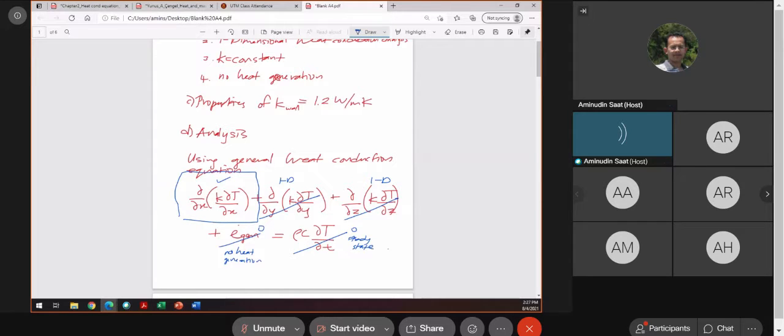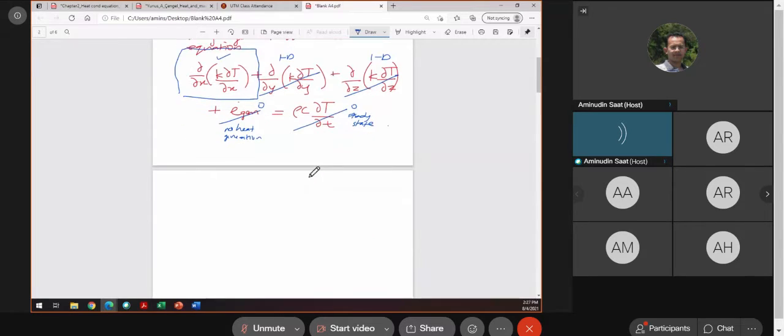And if you rearrange this equation, or write back the equation, k delta T over delta x equals to 0.